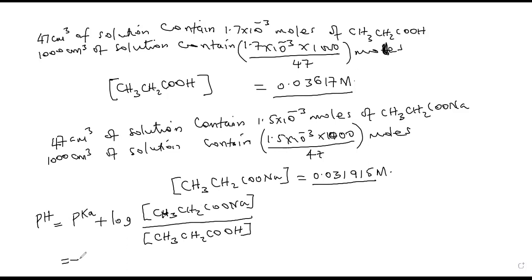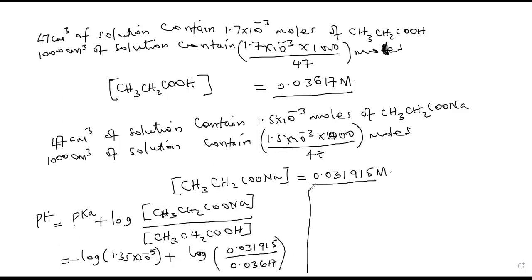When you're given Ka, it is the negative logarithm of 1.35 times 10 to the power negative 5, plus the logarithm. Now we were given these concentrations. The sodium propanoate we have gotten as 0.031915 out of propanoic acid, which is 0.03617.